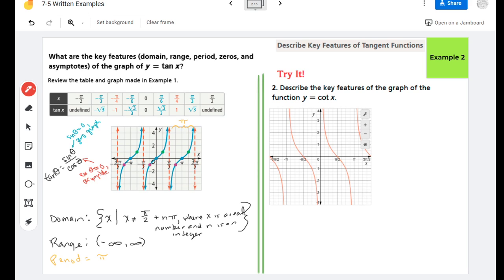Now when we go to talk about increasing versus decreasing, remember, you want to think about a little kid on a skateboard who's going from the left-hand side of the graph to the right-hand side of the graph. Every single time he looks at this graph as he's going by, it's going uphill. So this graph is increasing everywhere.